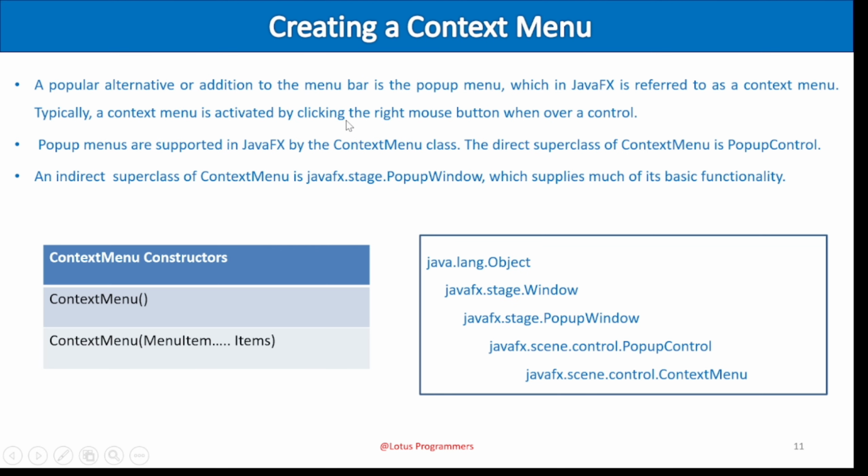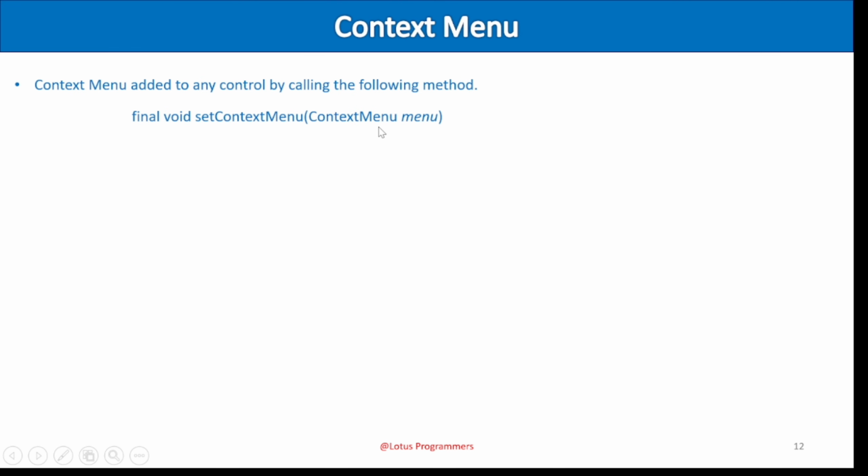As the argument, the context menu object which was previously created is passed. Then while executing the program, clicking the mouse right button on that control automatically displays the pop-up menu.